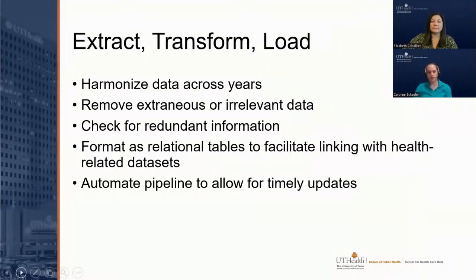So our goal was to format all of this data into relational tables so we could extract data quickly, use the data quickly, and also link with our claims data or EHR data. We also automated some Python pipelines to ingest this data, clean it, look for new variables and old variables, and update them as they come out publicly.